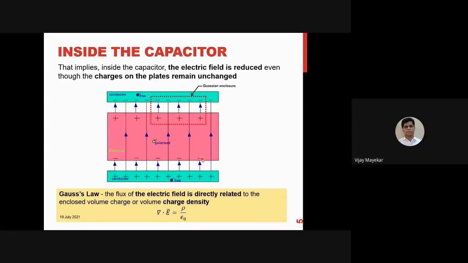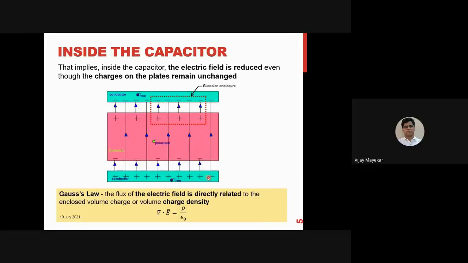Because we have to keep our dielectric material neutral. When the positive end is shifted towards the negative charge on the plate, a negative end is definitely created at the other end of the dielectric. Now this other end is negatively charged.